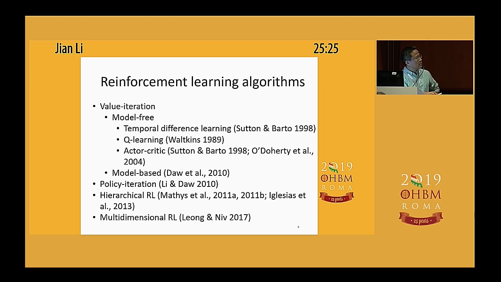Depending on how you look at the question, you can slice the reinforcement learning theories into different categories. If you focus on the value iteration process, you can divide reinforcement learning into the very popular temporal difference learning, and also Q learning.